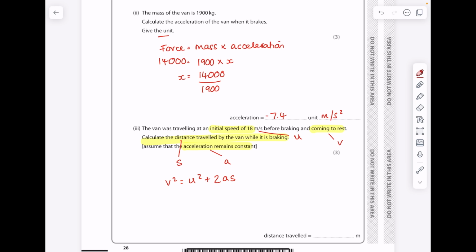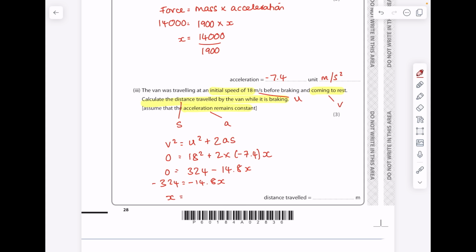Sub in your values. Sort out the right-hand side. So to two significant figures, that's 22. So including the minus sign here for my acceleration obviously became very important with my final answer here.